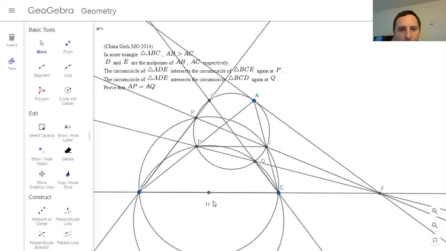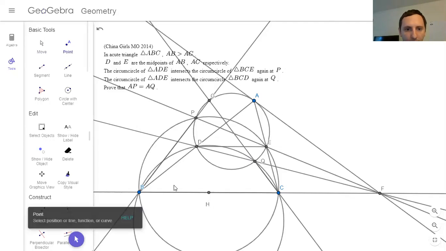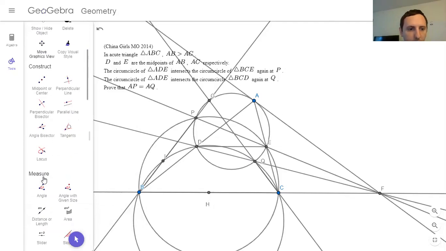So yeah, I'm just thinking. Are these angles equal, let me check. Is this angle equal to this angle? No.